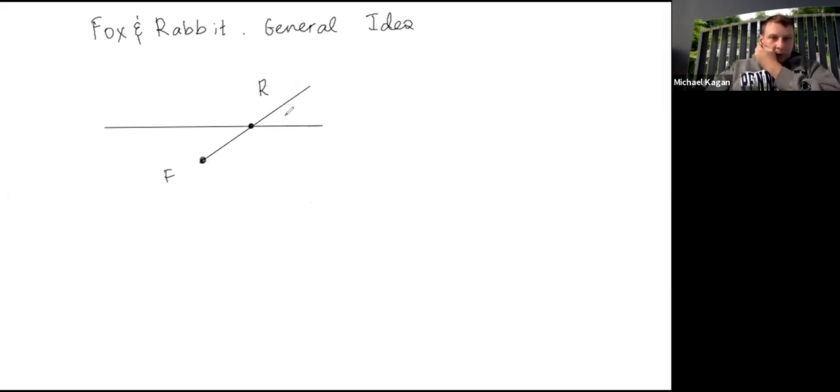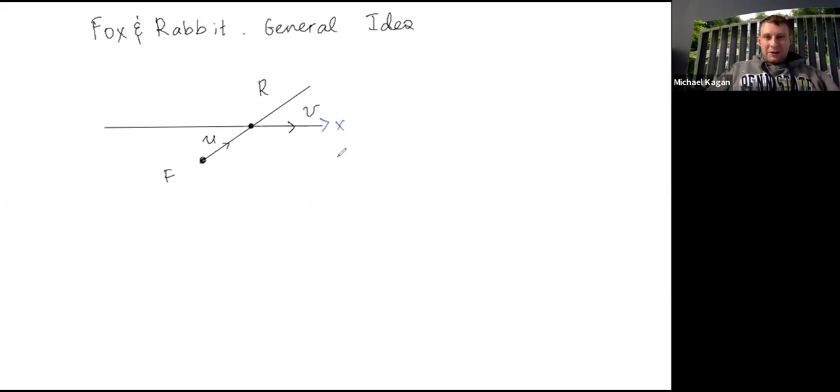So we know the rabbit is running this way and the fox is running this way. So here is the thing. The main trick is to choose a special coordinate frame. Let's say this is the x-axis.